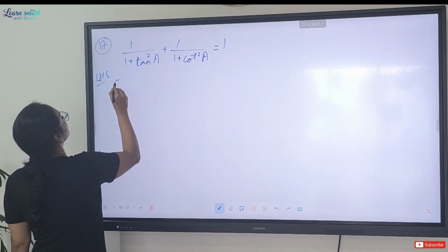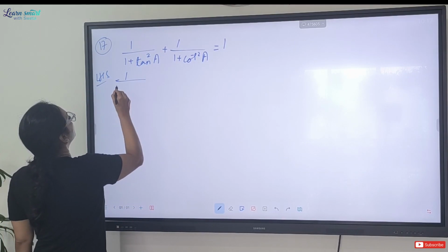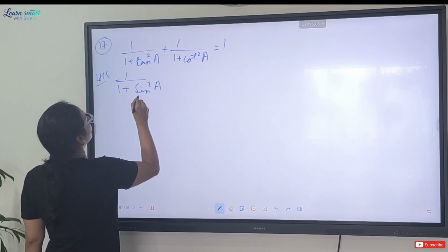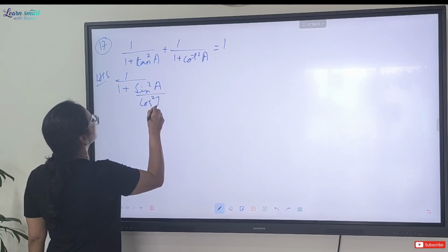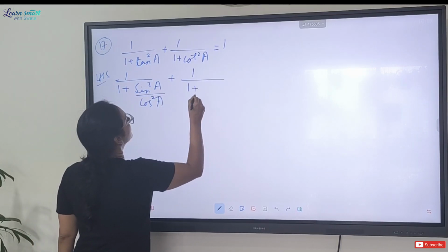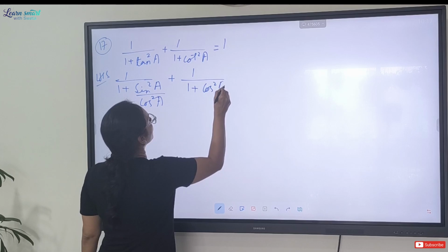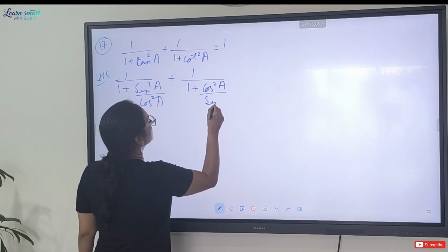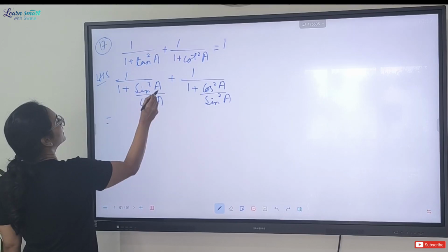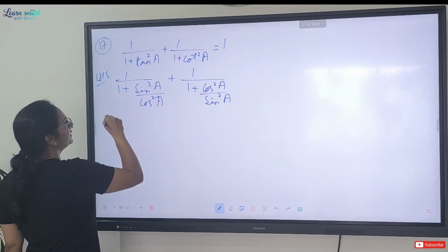So we will write 1 upon (1 plus sin square A by cos square A) plus 1 upon (1 plus cos square A by sin square A). Again, let's simplify the denominator.